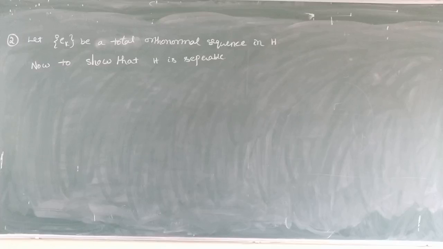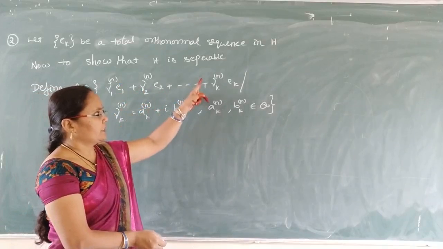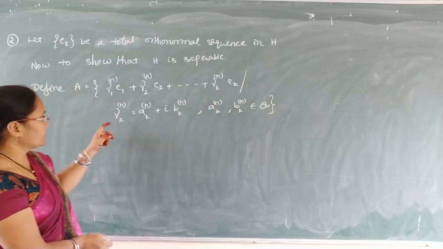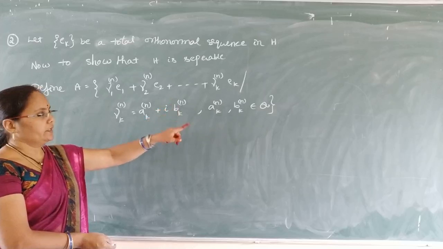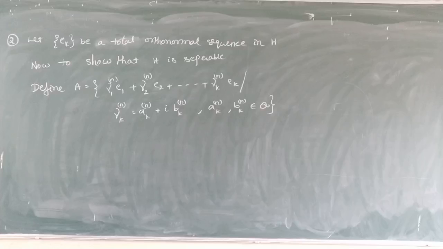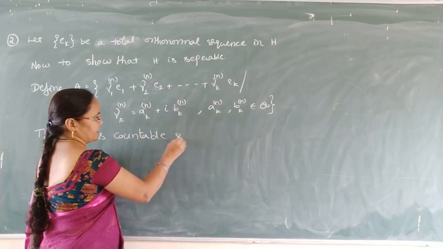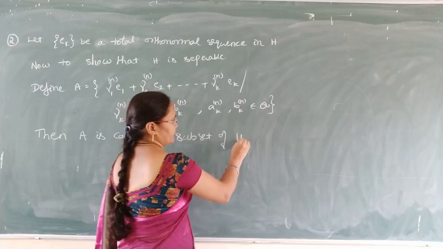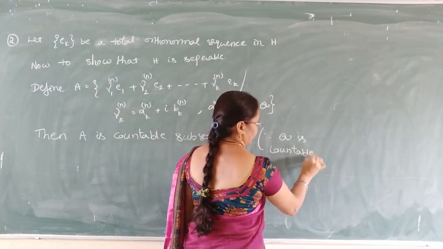For this purpose, now we define the set A. So A is equal to gamma 1n e1 plus gamma 2n e2 plus so on, gamma nn en, where gamma kn is equal to akn plus i bkn, where akn, bkn belong to Q. Since Q is countable, automatically A is countable. So A is a countable subset of H.